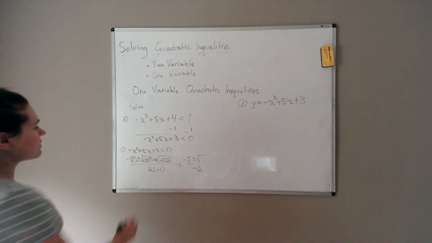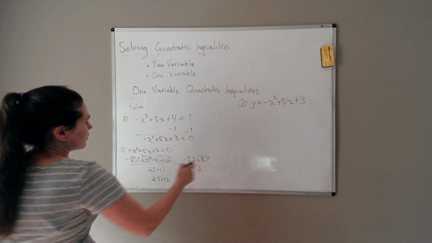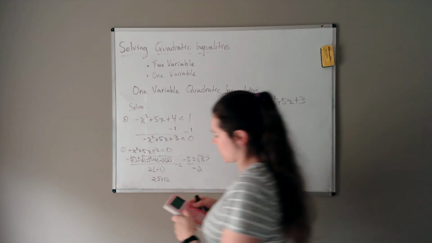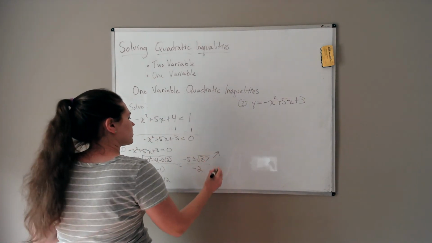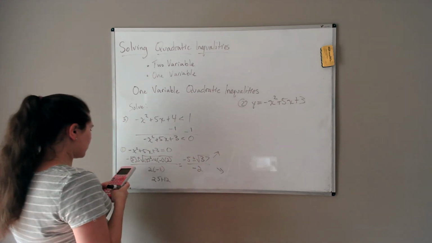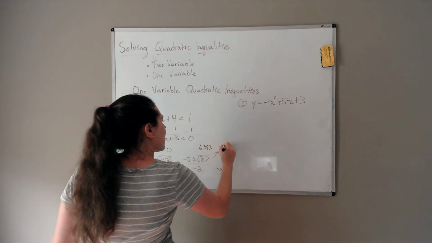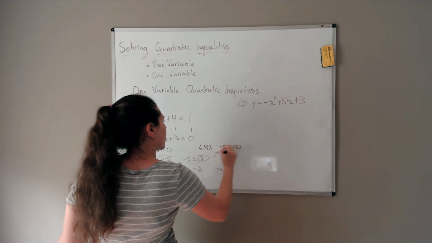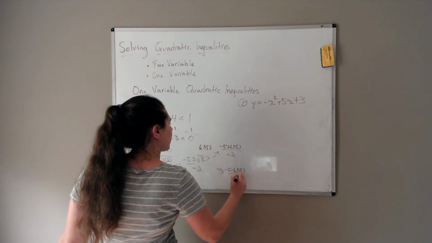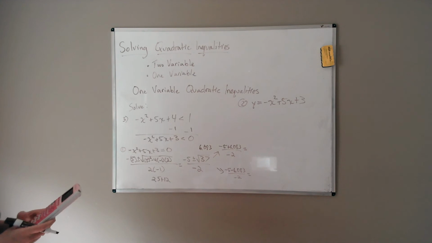This is going to be 25 plus 12, so that's going to be 37. 37 is not a perfect square, so we want to round this so we can understand where these x-intercepts are. So the square root of 37 is 6.083. So -5 plus 6.083 all over -2, and then -5 minus 6.083 all over -2. So let's get our x-intercepts.